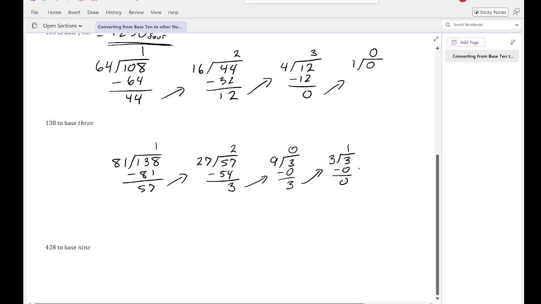And then I do it again because I have to end at the power of 0. So I'm going to do 3 to the 0 power, which is 1, and that's going to be a 0 there. So my number is going to be 12010 base 3.